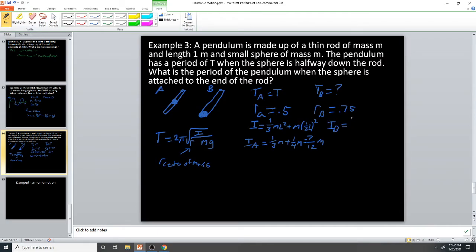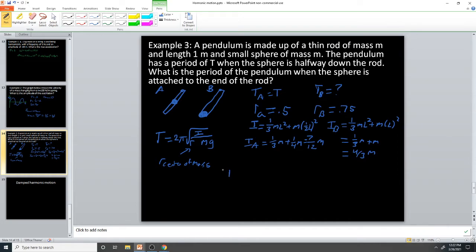I B is also still 1/3 m L squared, but now plus m L squared. Because L is 1, that would be 1/3 m plus m, or 4/3 m.